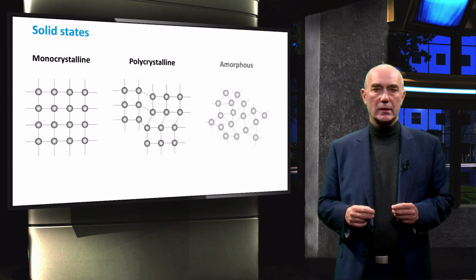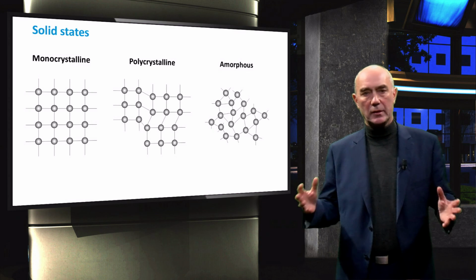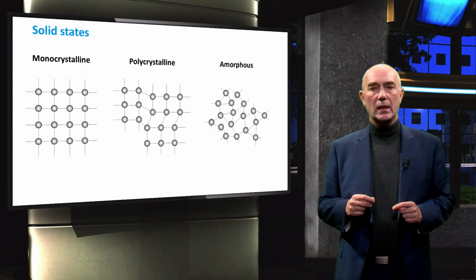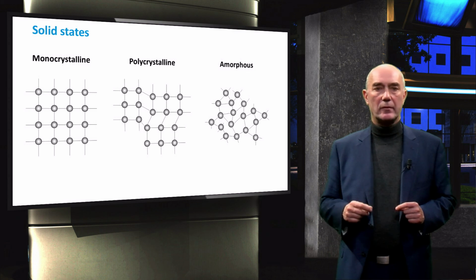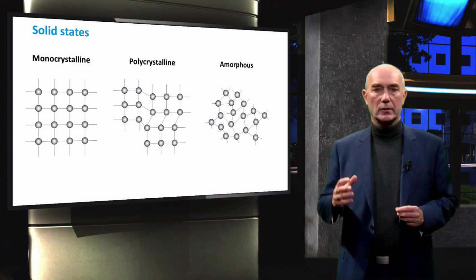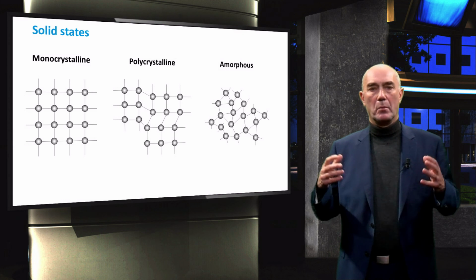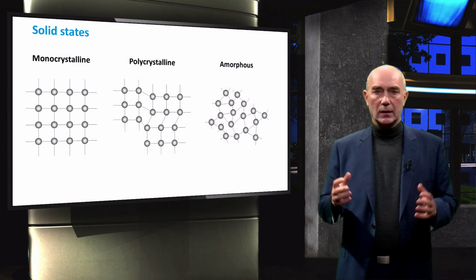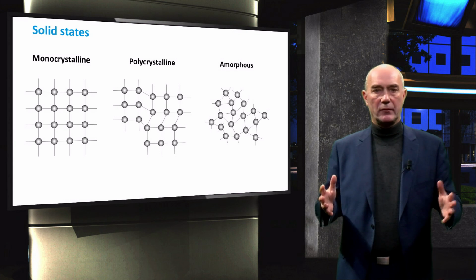Lastly, amorphous solids are materials in which no crystallinity can be observed. It is important to realize that the way atoms are arranged has a great impact on the material properties, both physical and optical. As a result, it will affect the performance of a device.